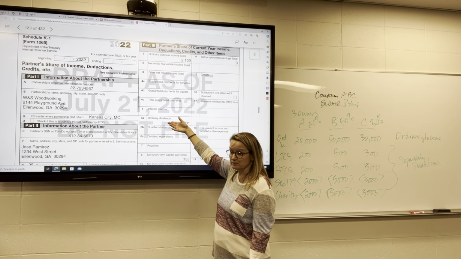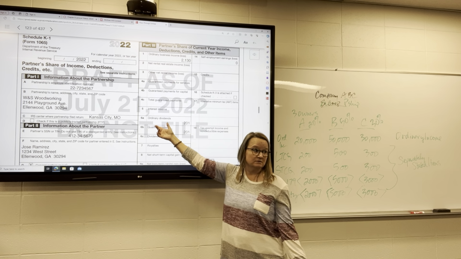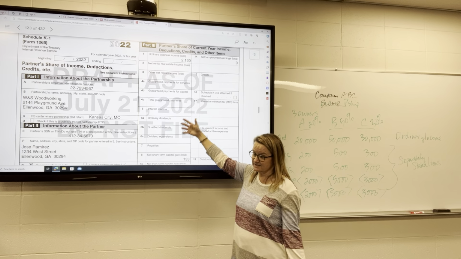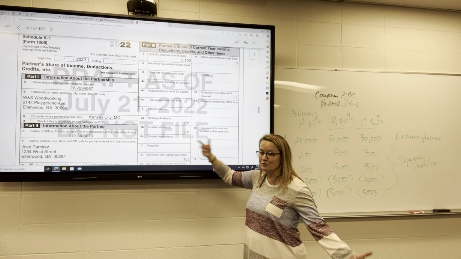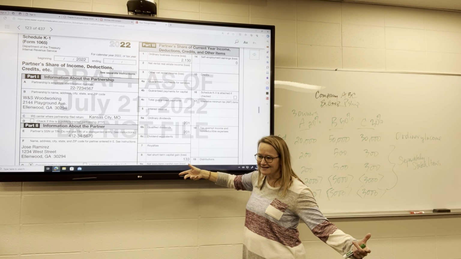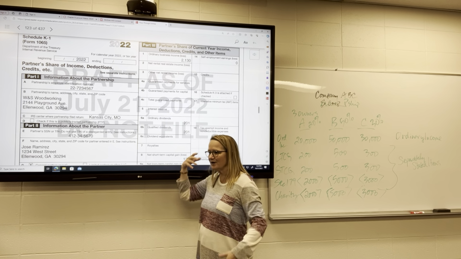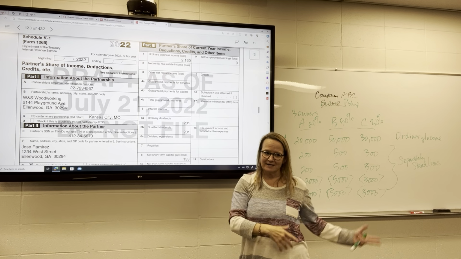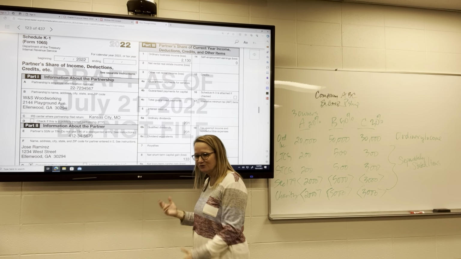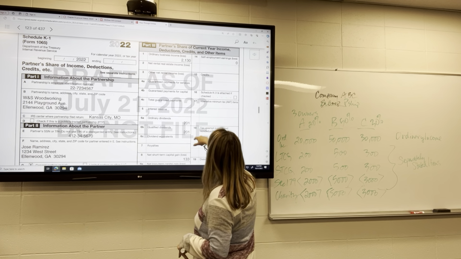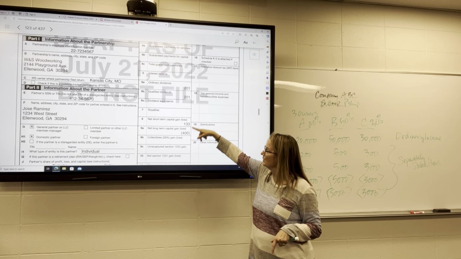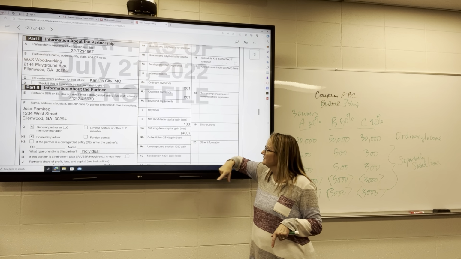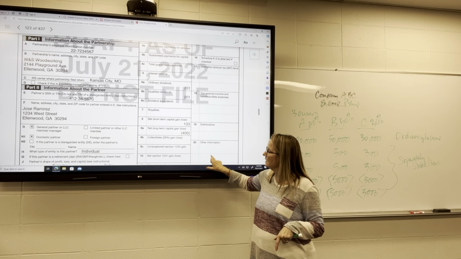Interest income, and maybe there's tax-exempt interest income. If you're also receiving Social Security income, now you've got to add that back in when doing your taxable Social Security calculations. Ordinary dividends, qualified dividends, royalties, short-term capital gain or loss, long-term capital gain or loss, all these things.